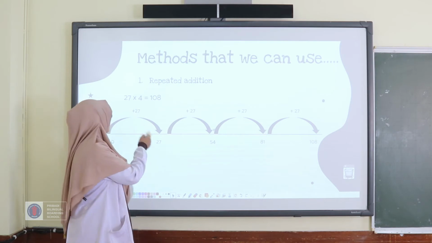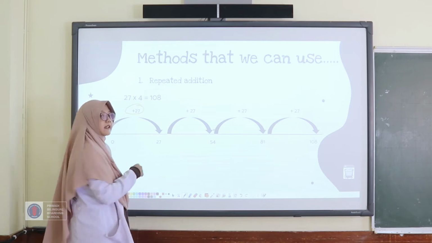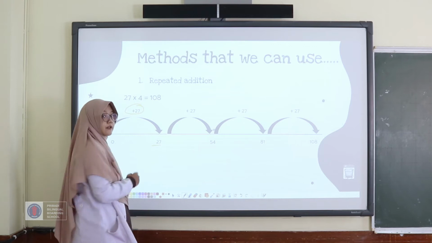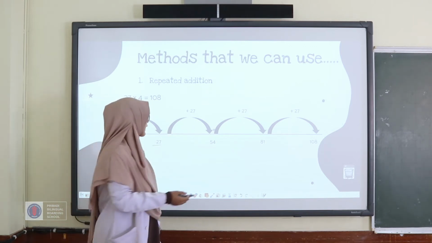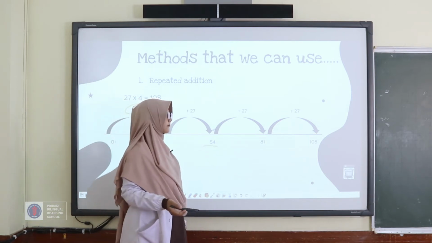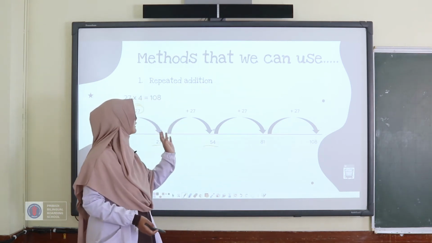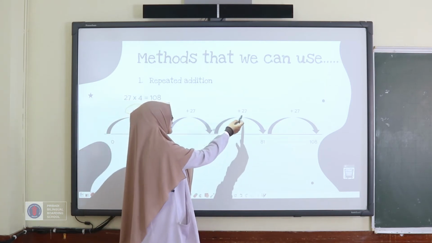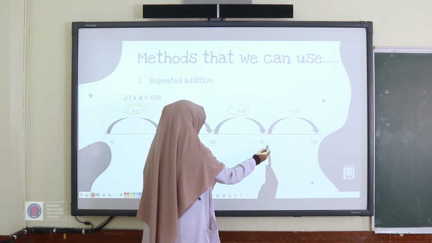Each jump is plus 27. From 0 plus 27, it will be 27, of course. Each jump, because we add another 27, the number increases. It will become 54. Then we jump one more time, plus 27, and the result will be 81.